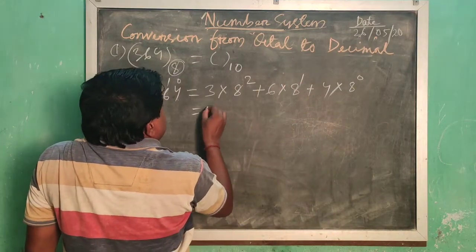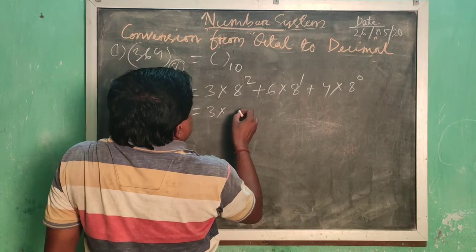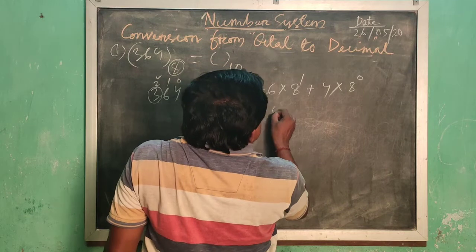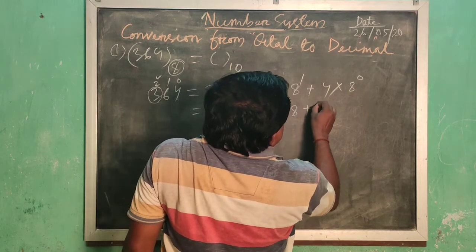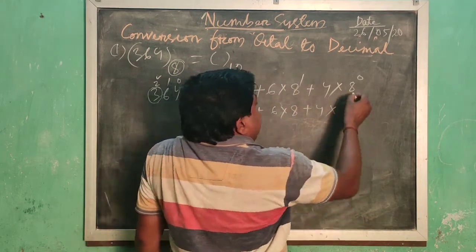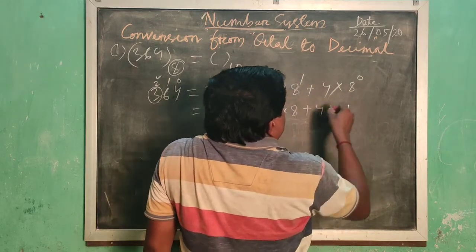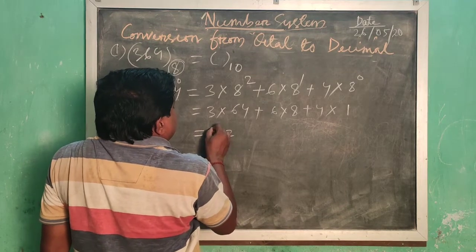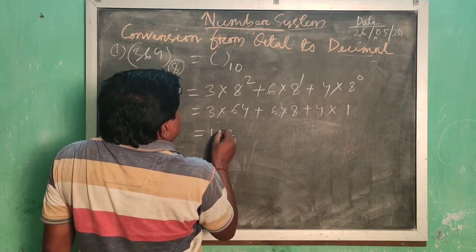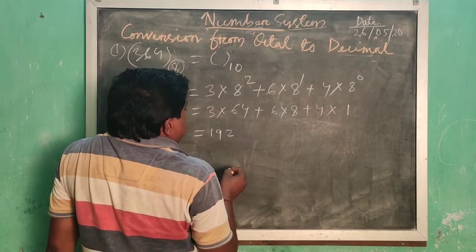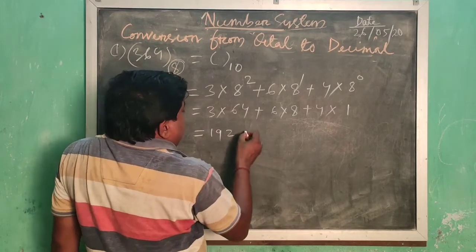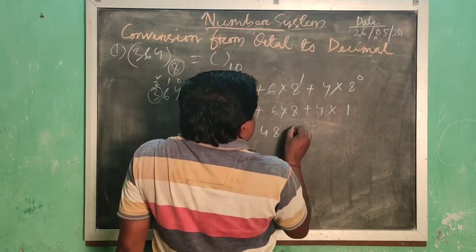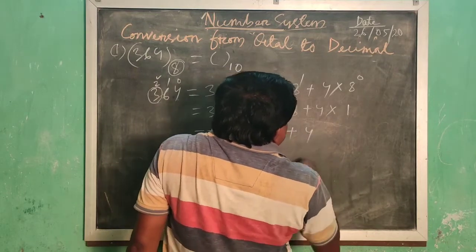Then it will be 3 into 8 eights are 64 plus 6 into 8 plus 4 into 8 to the power 0, means it will be 1. Okay, then here 3 into 64, it will be 192 plus 6 into 8 is 48 plus 4 into 1, it will be 4.